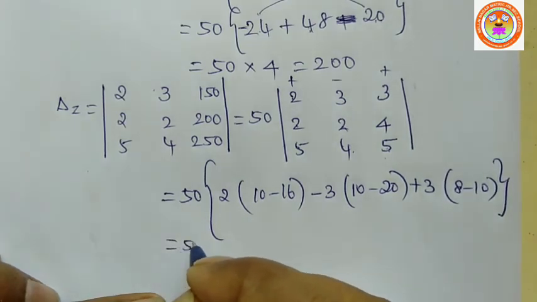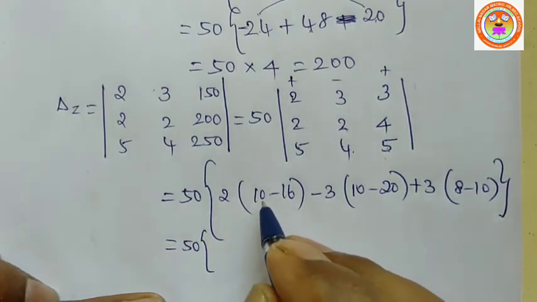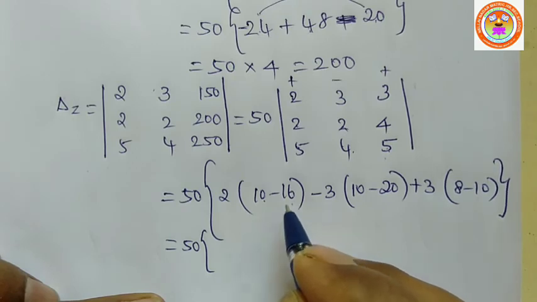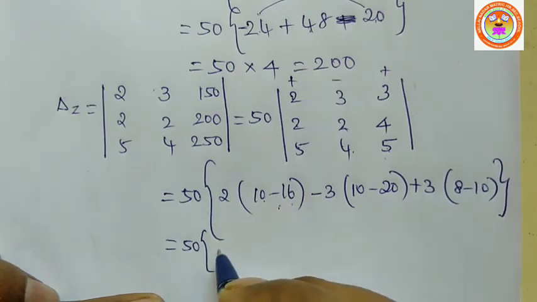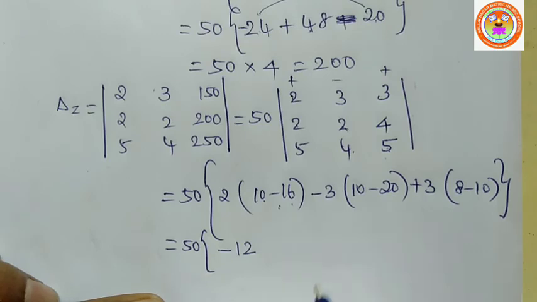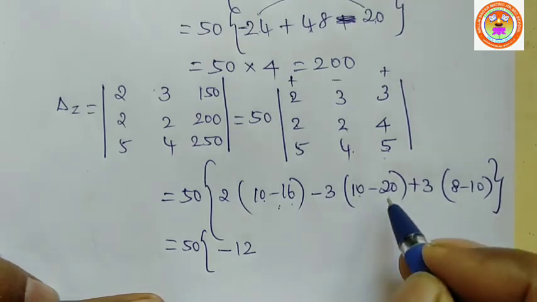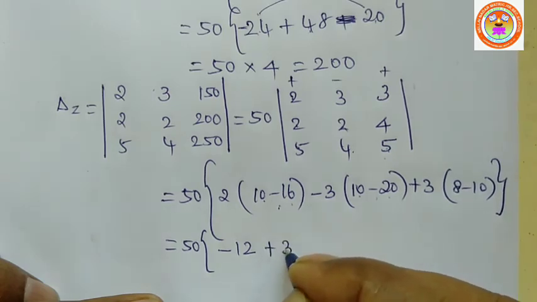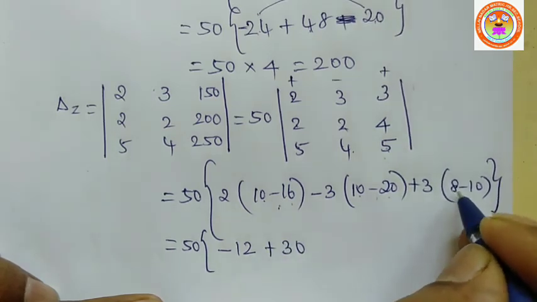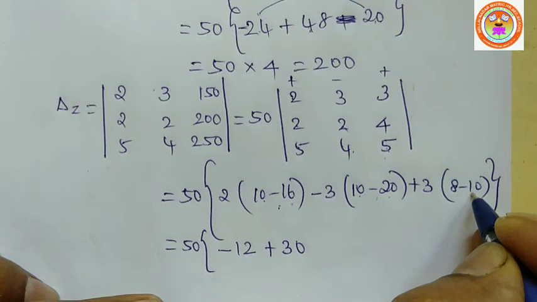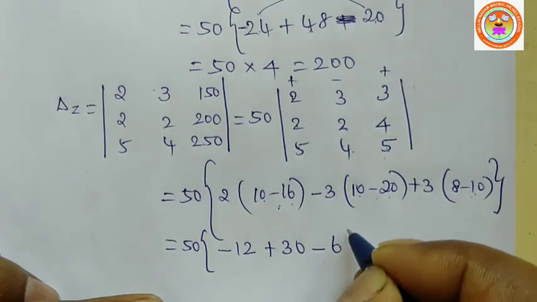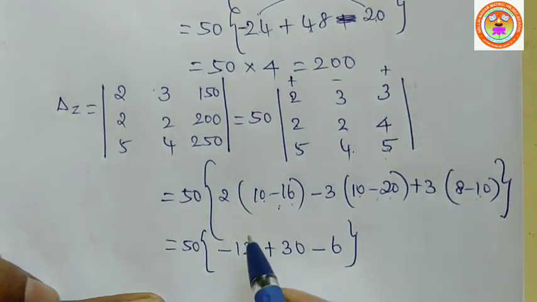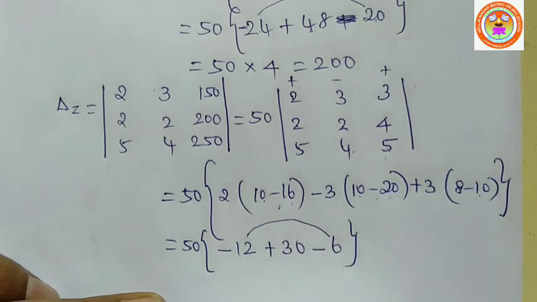That is 50 into 10 minus 16, that is minus 6, minus 6 into 2, minus 12. 10 minus 20, minus 10, minus 10 into 3, plus 30. 8 minus 10, minus 2, minus 2 into 3, minus 6. So minus 12 minus 6, minus 18.